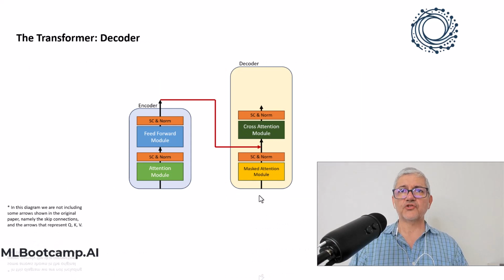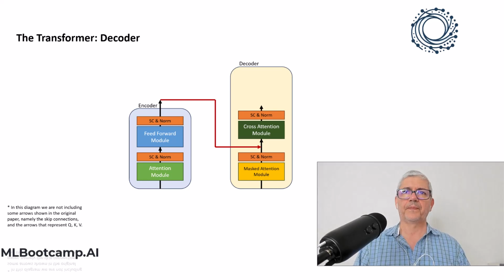With the cross-attention mechanism, the decoder can attend to the input of the model which was processed by the encoder. So it uses the output of the encoder as a guide to understand the context of the input sequence and generate the next token within the context.